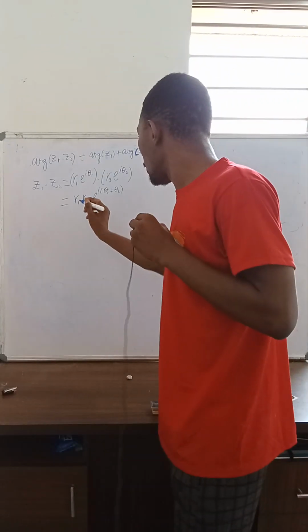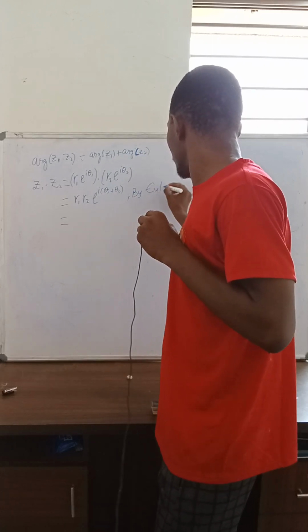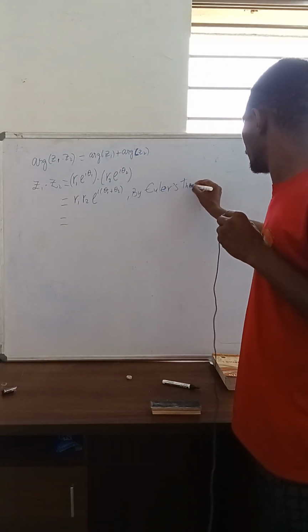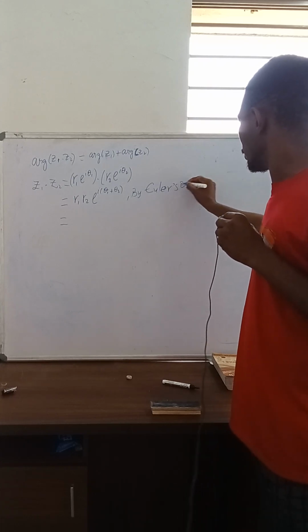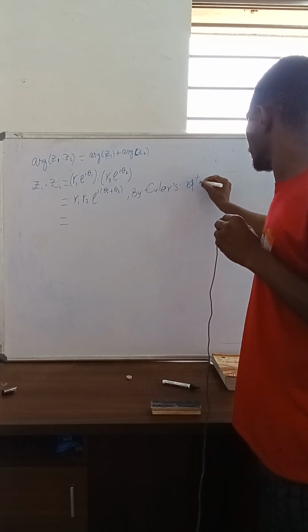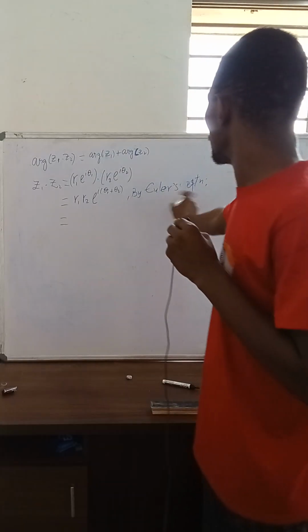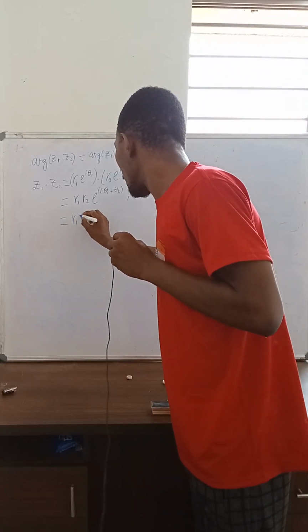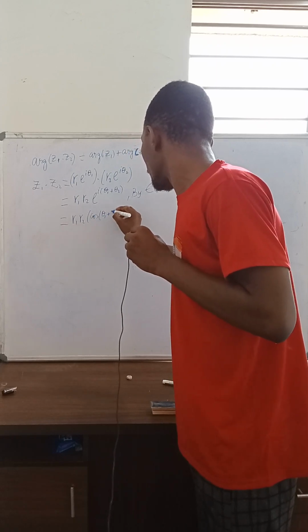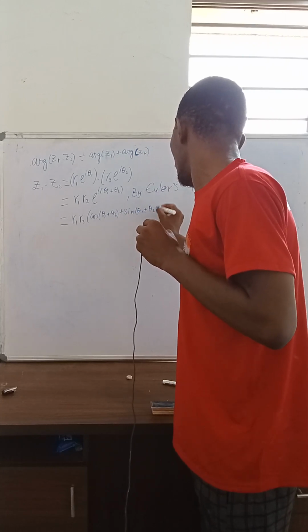Now what will this be? By Euler's equation, you're going to have r1 r2, and this will be cos of theta 1 plus theta 2 plus i sin of theta 1 plus theta 2.